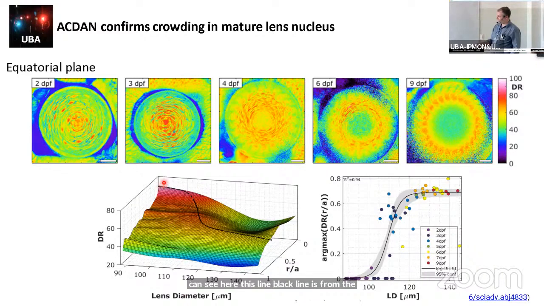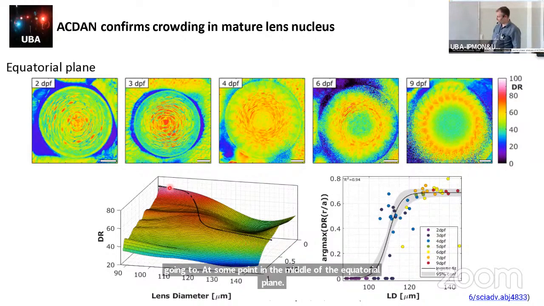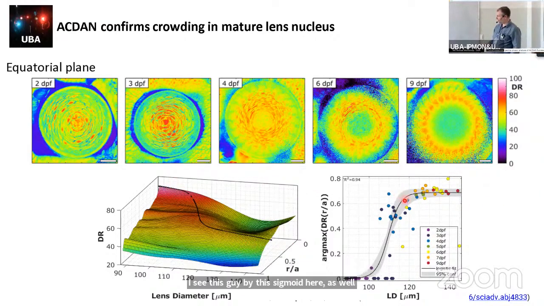The high dipolar relaxation is in the center of the lens, and then moves over time to some point in the middle of the equatorial plane, as described by this sigmoid here, as well as here. So first of all, we defined that at day 4 to 6, the lens gets mature, and in this situation, the lens is capable of seeing.